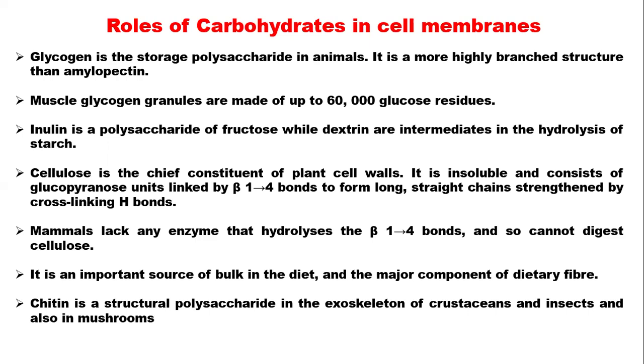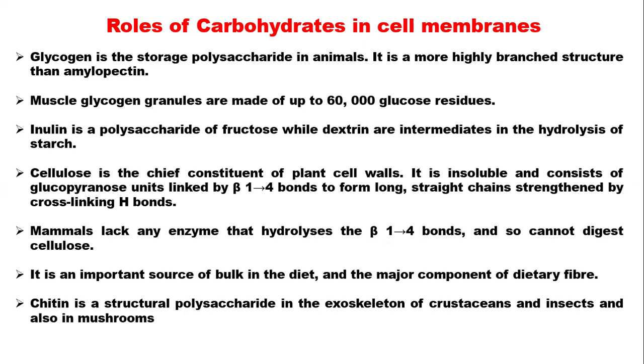So we said it is highly branched, and there are also muscle glycogen granules that are made of up to 60,000 glucose residues. And there is also what we call inulin, and this is inulin, not insulin. You can correct it in your courseware. It's not insulin. Insulin is a hormone.